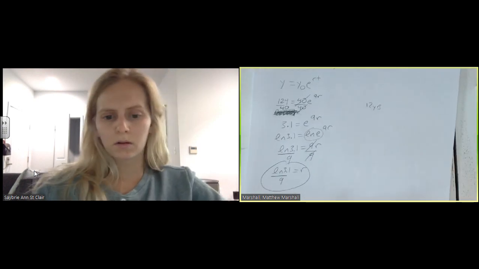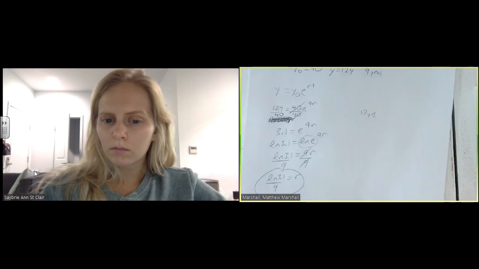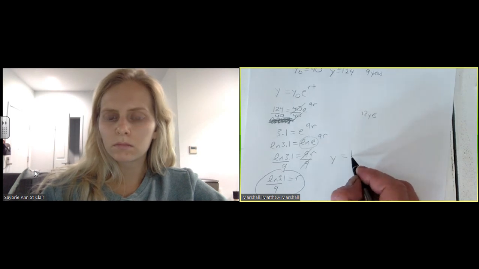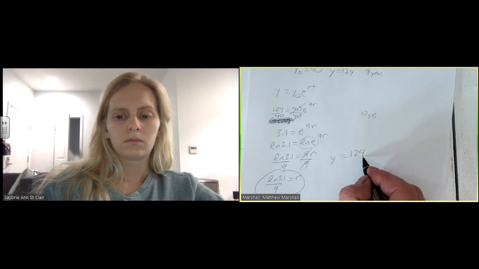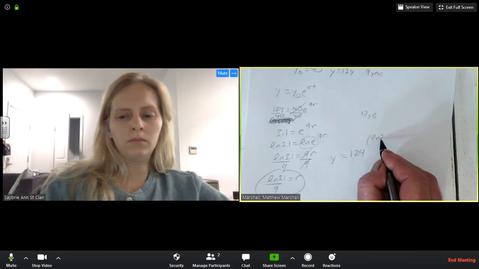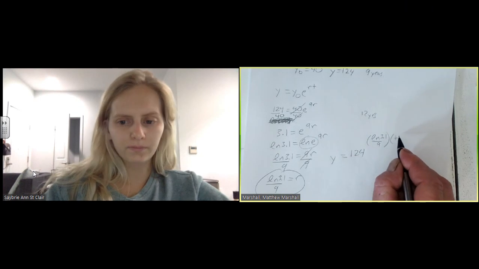So it's going to be up to me to go back and plug that in to the final part where I write it as y equals 124 to the ln 3.1 over 9t.